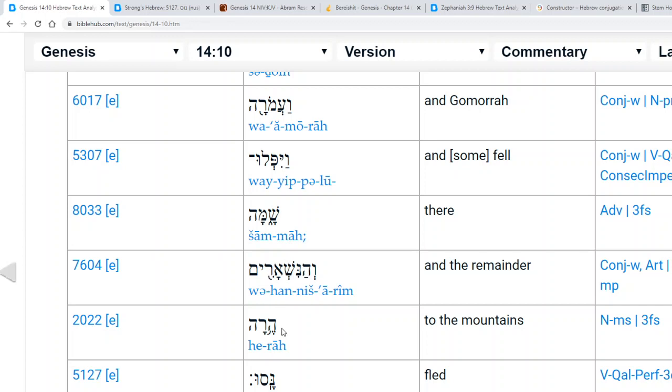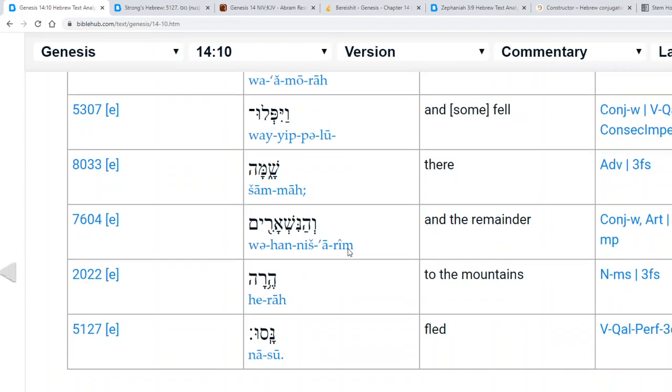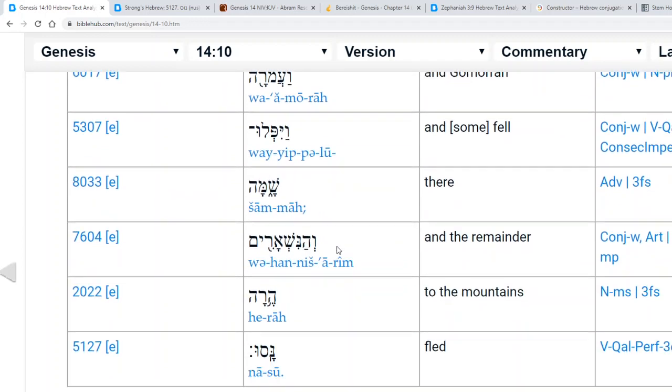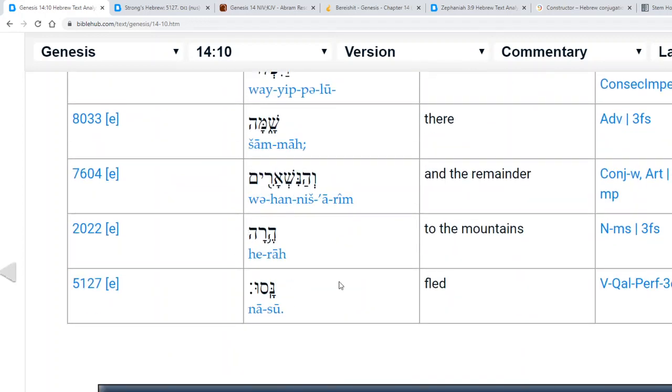V'hanisharim hera nasu. So and the other ones, the ones who were left, hera. So har means mountains, and the hey is the directional, so towards the mountains. Nasu, right? They fled. It's in the perfect again, like veyanusu, right? Nasu, they fled. Okay.